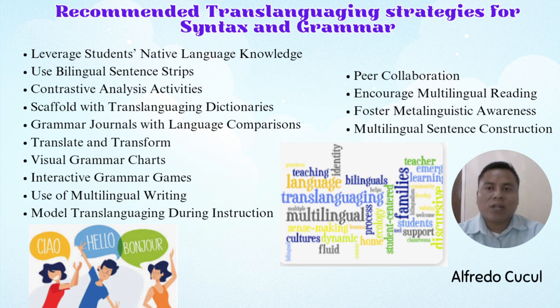For example, they can create sentences like "the gato, which is cat, is feliz, happy", then correct and explain why. So these are the recommended translanguaging strategies for syntax and grammar.